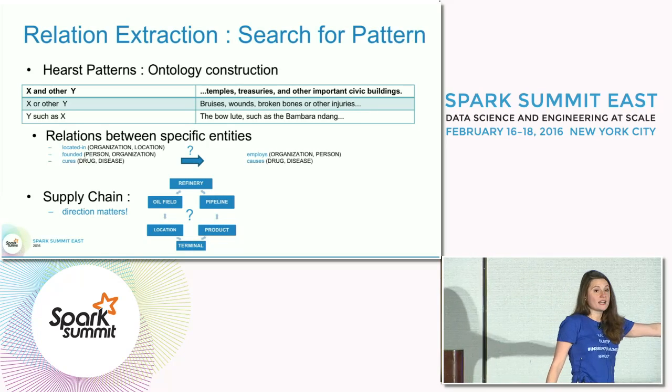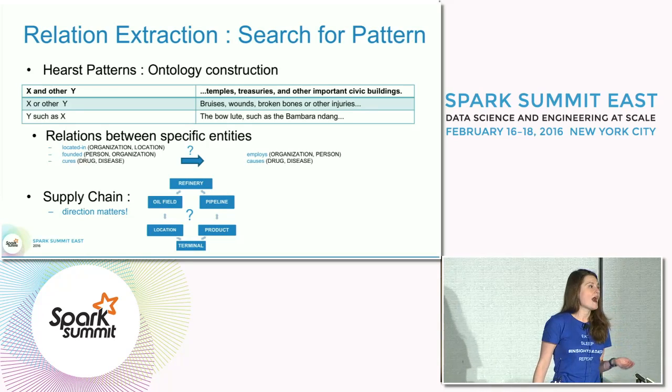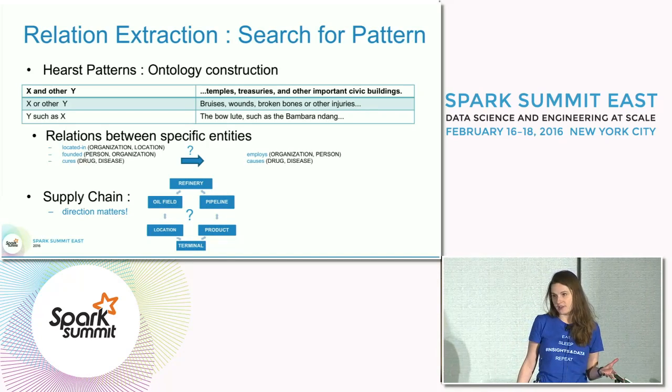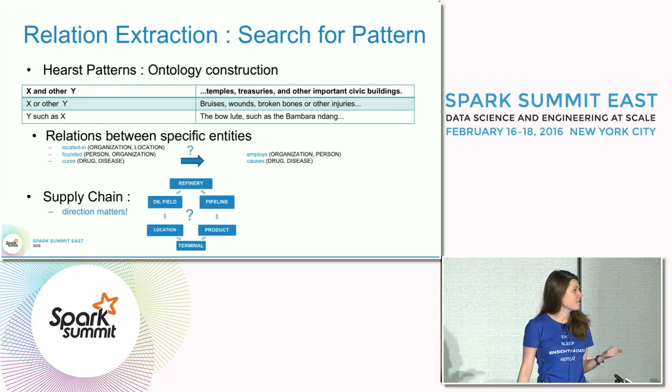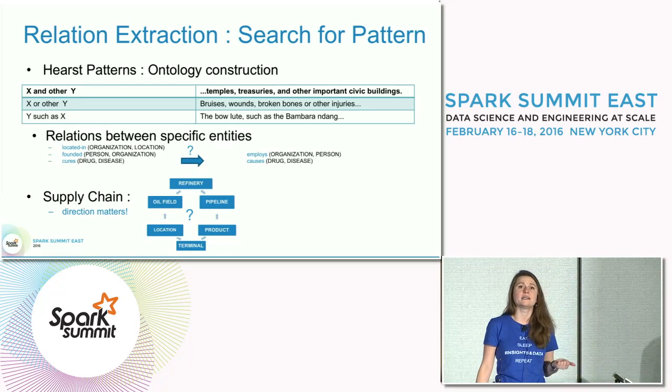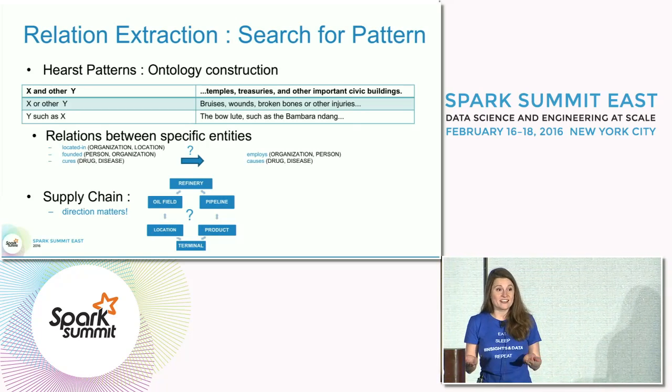When we talk about a supply chain, and particularly in the oil and gas industry, we have so many entities of interest that are the sites in this industry, right? Refinery, oil field, pipeline, and so on and so forth. And then the directions are not so clear.